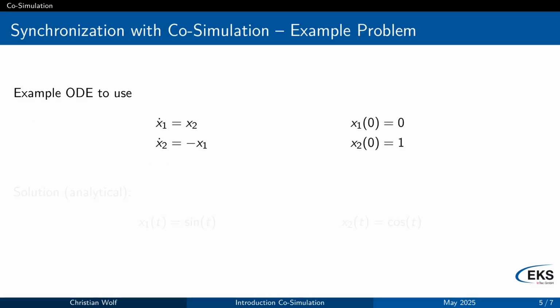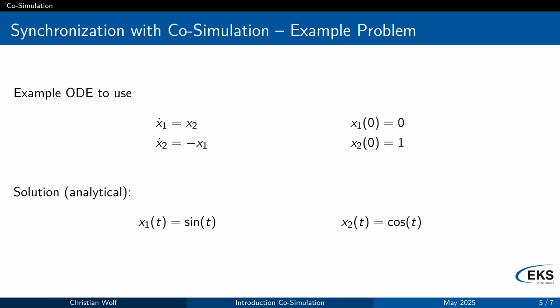So I give you an example, and this is a rather strictly coupled system. This is just an oscillator. So we put x1 dot is x2 and x2 dot is minus x1, which is just a classical oscillator, and the solution is also pretty straightforward because it's just sine and cosine for x1 and x2 depending on the initial conditions.